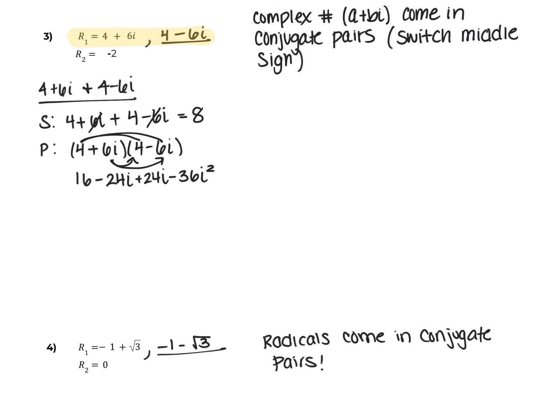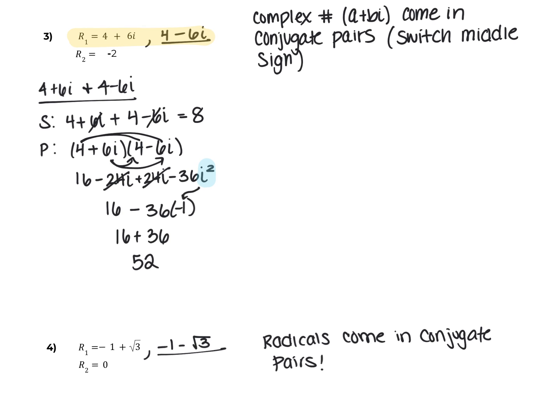Bells and whistles should be going off because i squared is equal to -1. So the negative 24i and the positive 24i will cancel. So you're left with 16 minus 36 times your -1, which is 16 plus 36, which is 52.